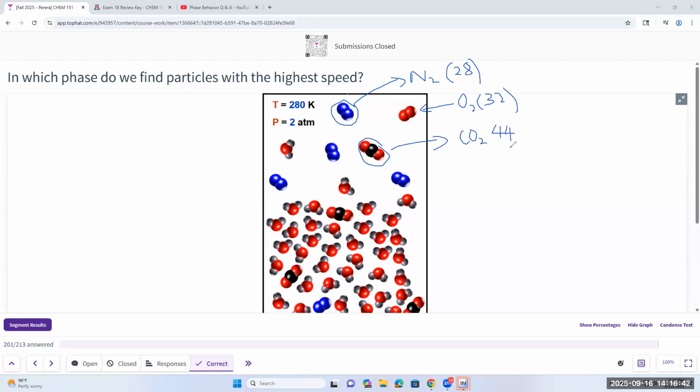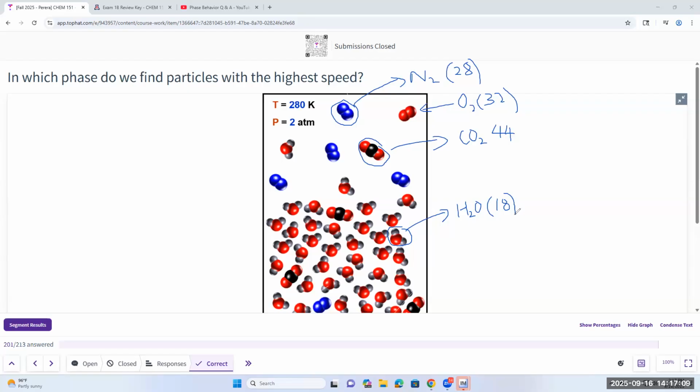It has a relative mass of 44. On the other hand, the liquid is made of mostly H2O. H2O has a relative mass of 18. So out of all the particles, H2O are the lightest. Therefore, with the same kinetic energy, they must be moving the fastest. That's the idea there.